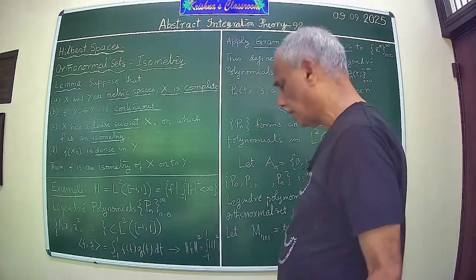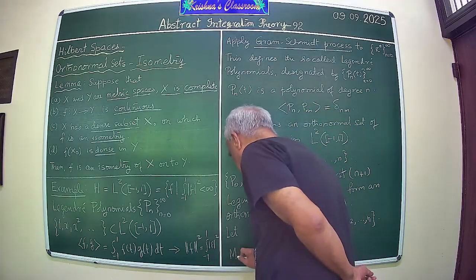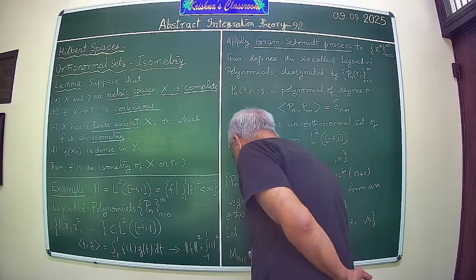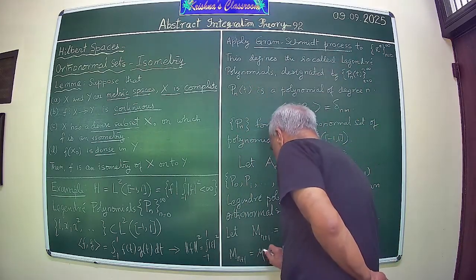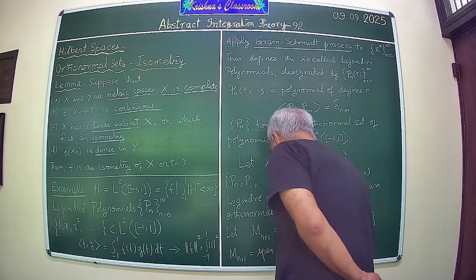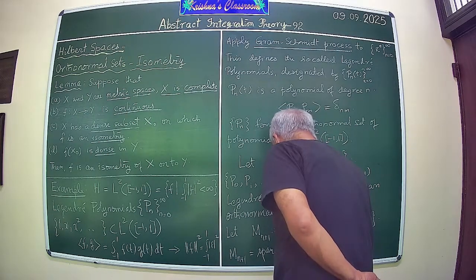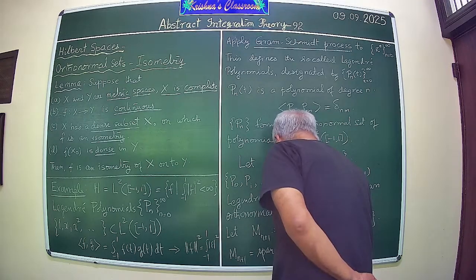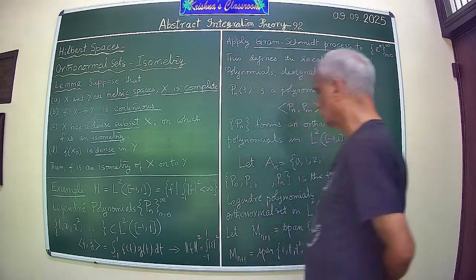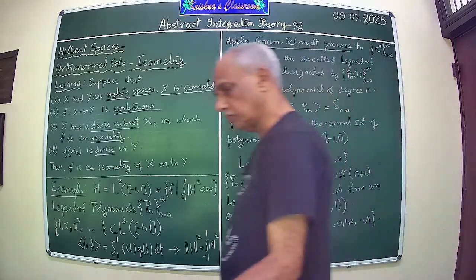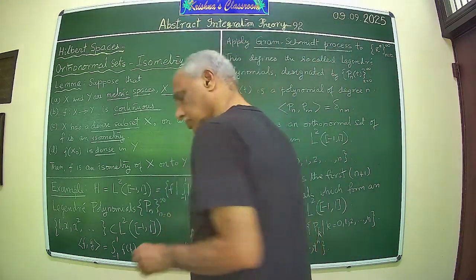Then M n plus 1 is equal to the span of 1, t, t square, up to t to the power n. And M n plus 1 is a subspace of L2.